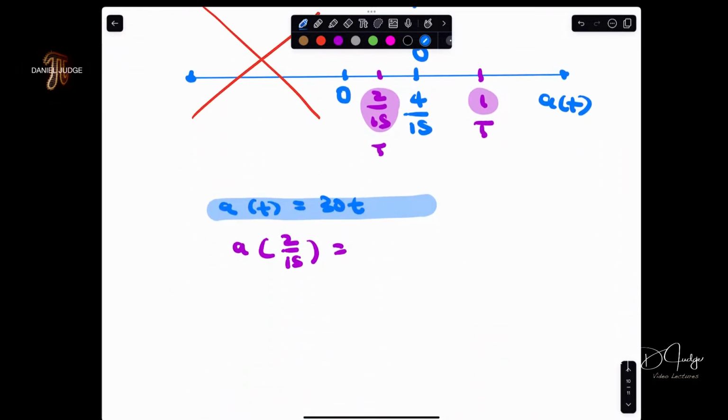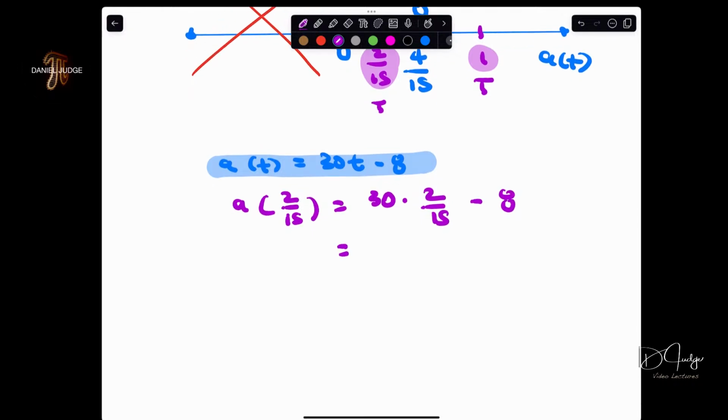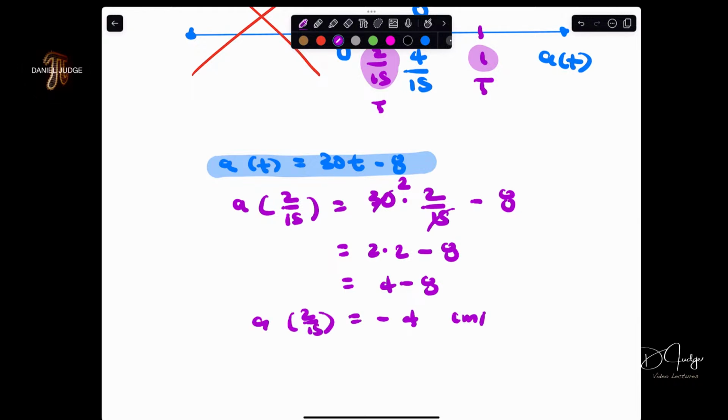Looks like we didn't get everything here. So hopefully we have it all. 30 times 2 over 15 minus 8 becomes 2 times 2 minus 8, because 30 divided by 15 is 2. And that's 4 minus 8. So our acceleration is negative 4, and we'll say centimeters per second squared.